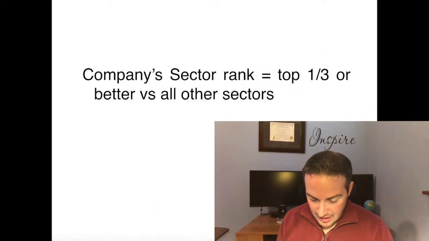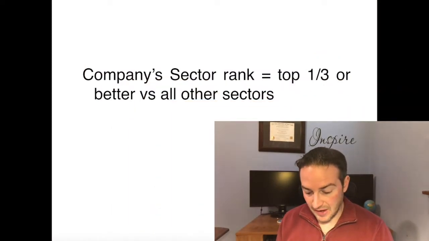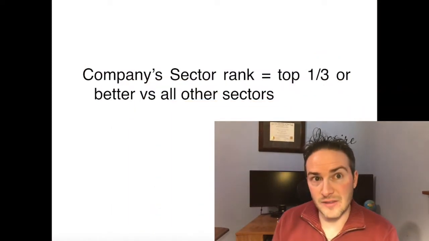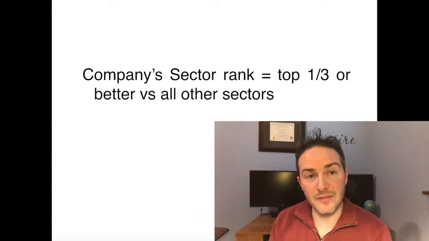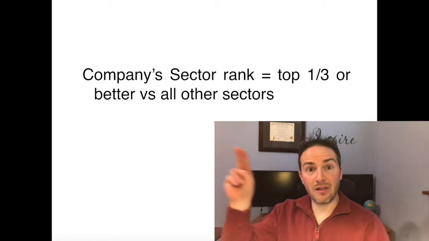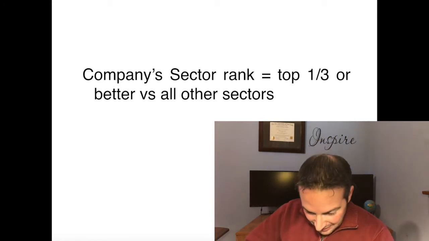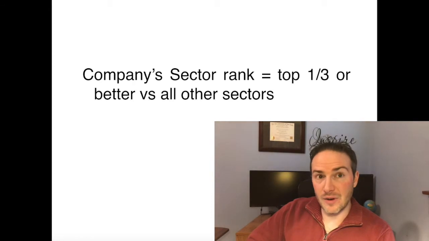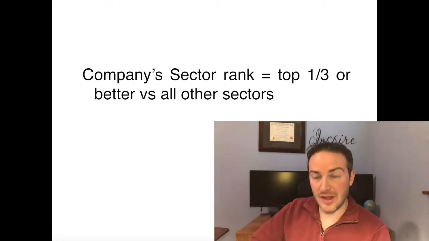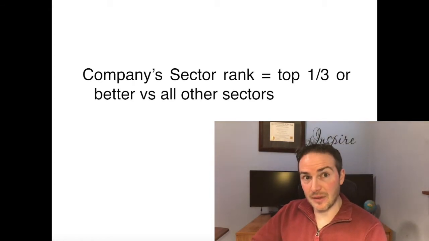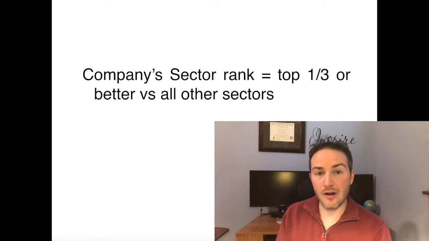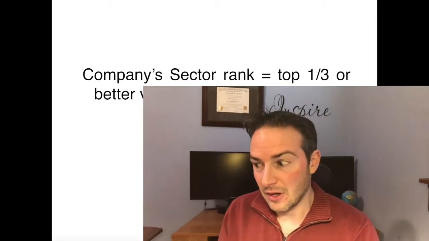Now we start to get into the company's sector rank. And I'm skipping around a little bit because a lot of it's redundant. And again, you could go and click that blog post and read each of these. But the company's sector rank is very important too. We want the company's sector to be currently within the top third or better of all sectors. So stocks within leading sectors tend to outperform.